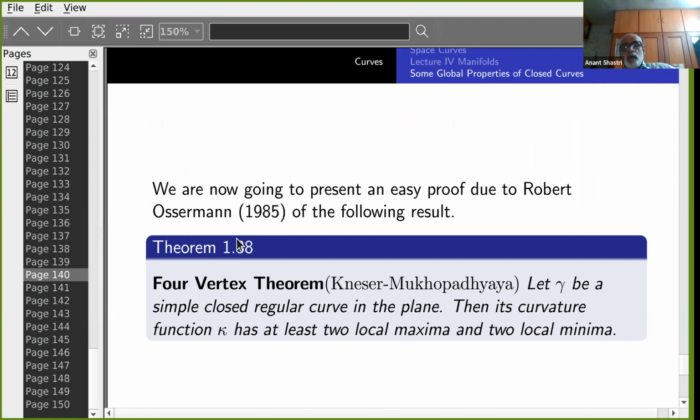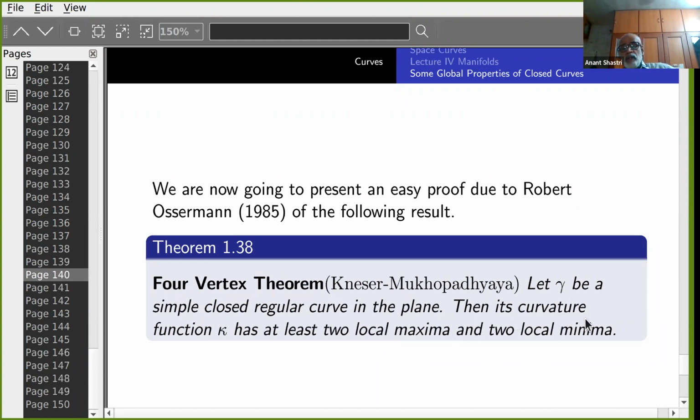Okay, the following result, the 4 vertex theorem, due to Knesser and Mukhopadhyaya. So let me first state it and then explain it. Let gamma be a simple closed regular curve in the plane.